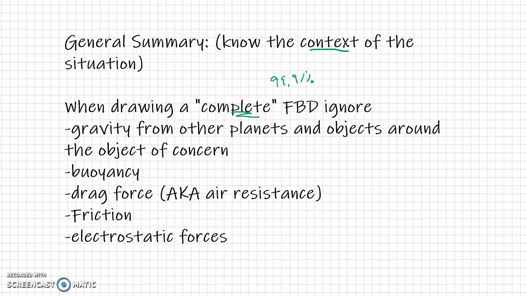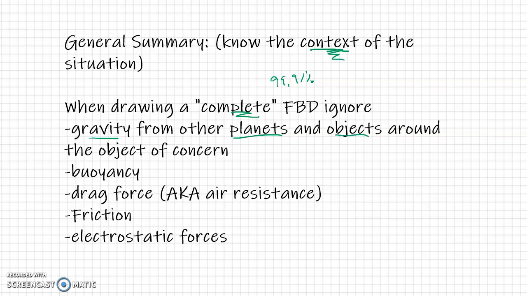Some things we're going to ignore, or say are negligible, is gravity from other planets. Unless the problem itself is about gravity, the gravity from other planets is negligible. Basically, the only gravity we're concerned with is the gravity of probably Earth, because that's the object we're most likely dealing with. Again, it's all about the context.